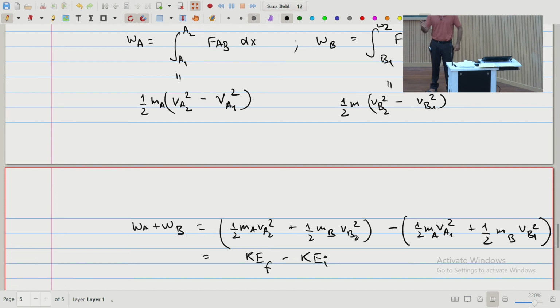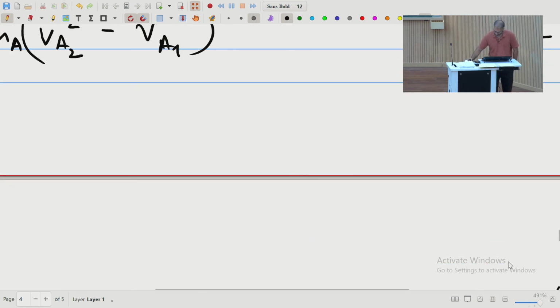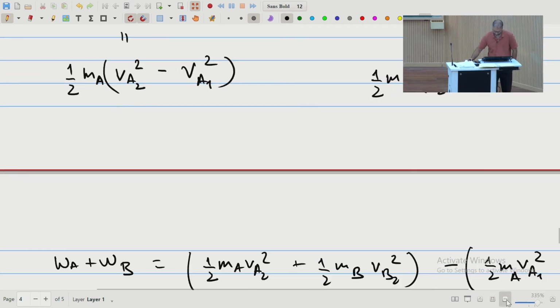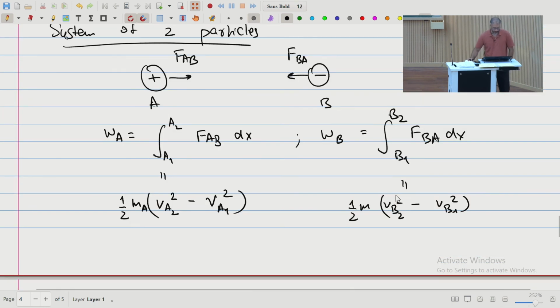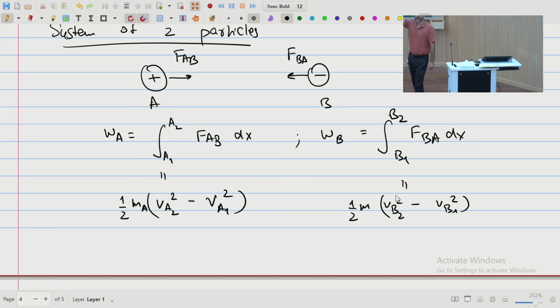So should the work done because of internal forces also get cancelled? No, because in this case particle A moves to the right under the action of a force that is acting on the right. So the work done is positive. It's a scalar quantity, a positive value. The work done on B is also positive, moving to the left under a force that is acting on the left.